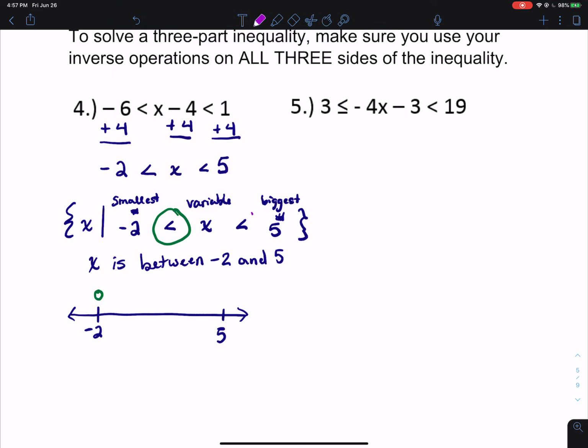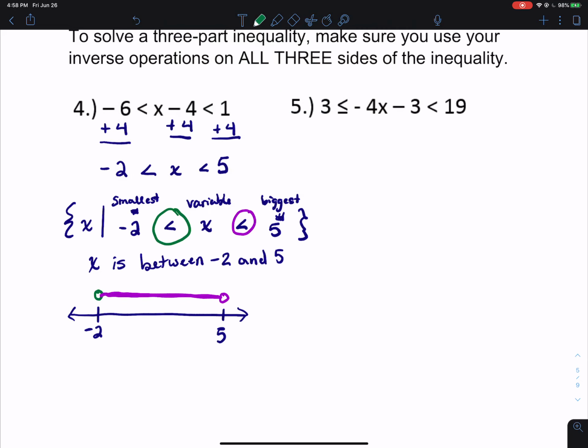The symbol in between the x and the 5 is just a less than symbol. So I'm going to have an open circle on top of that 5. And then x is between them. So I just shade in between them. Notice I do not have any arrows attached because it doesn't continue on forever. It stops at -2 and it stops at 5.